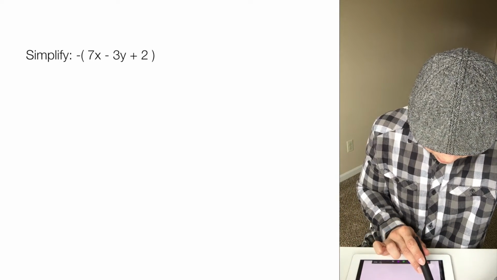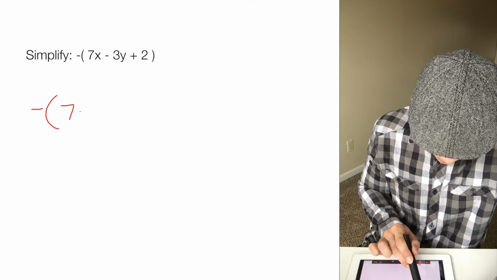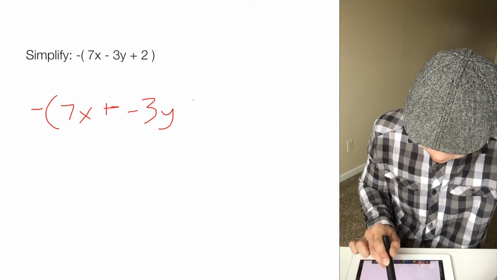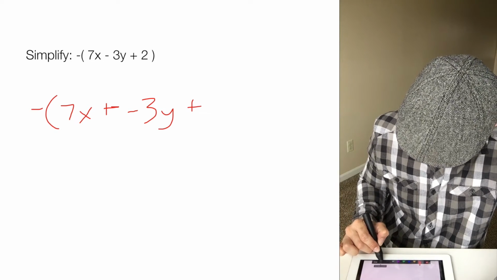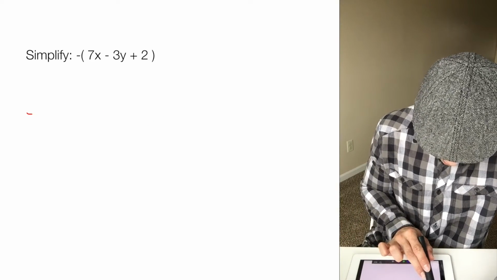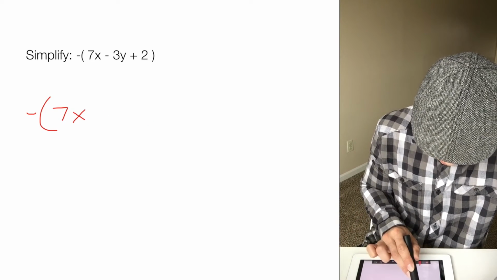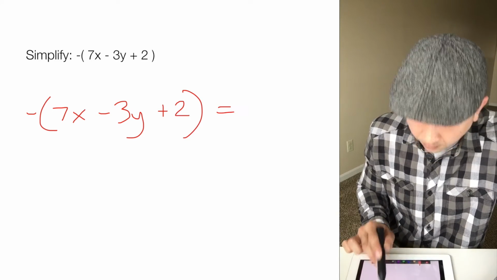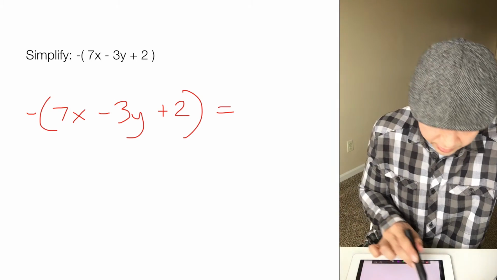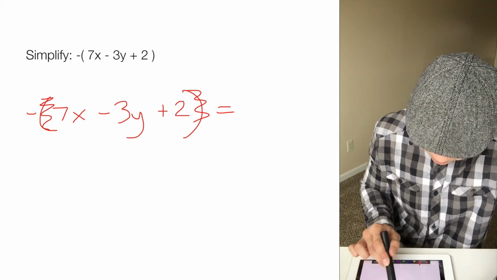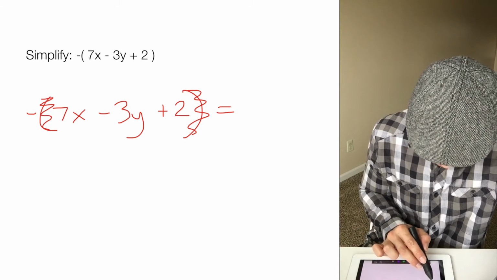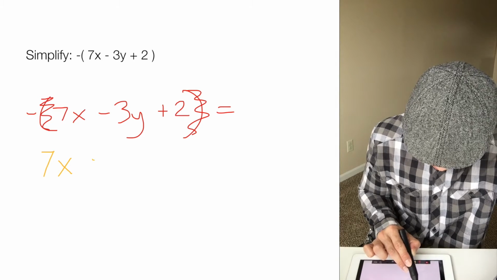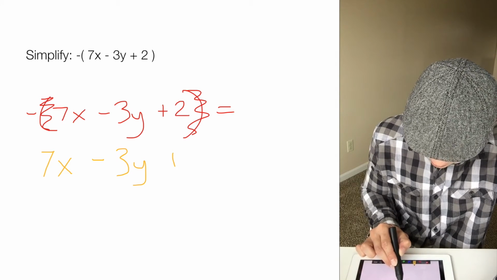So the first thing we're going to do is remove the parentheses, which gives us 7x minus 3y plus 2.